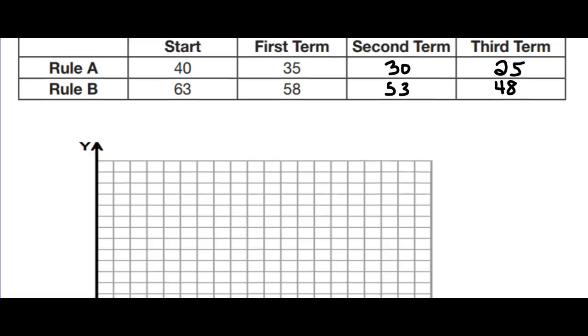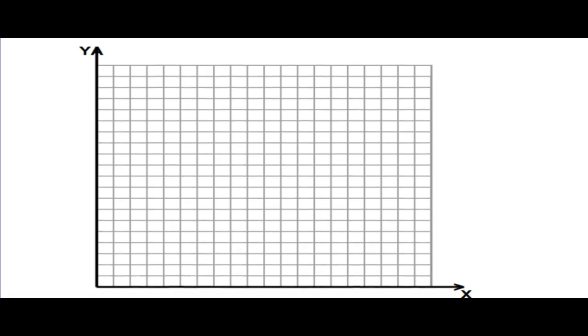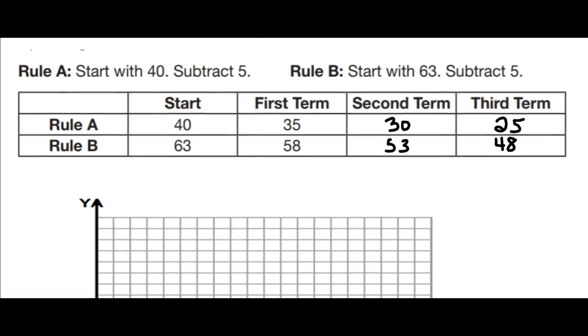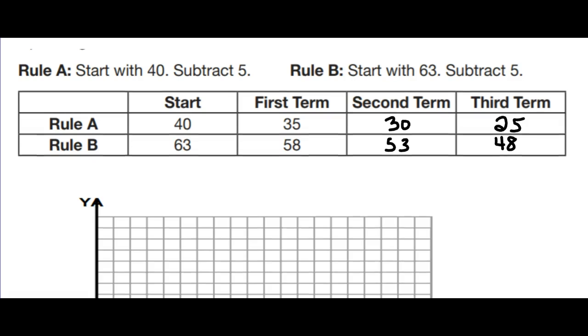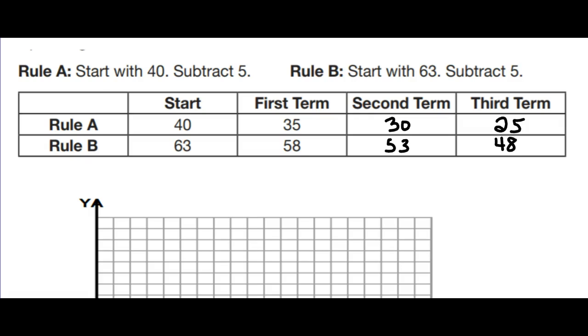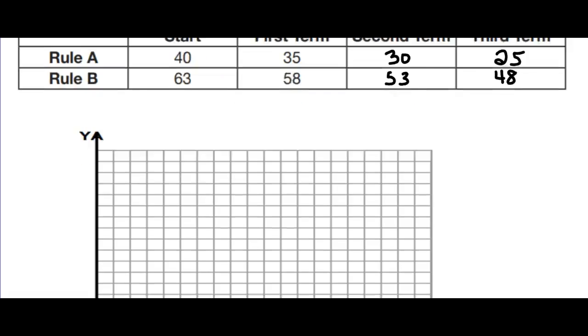Give me 1 second to scroll down here. This is going to be a little hard to see because I'm going to have to go back and forth. But the next thing I would have to do is come up with my scale and label my X and Y axis.